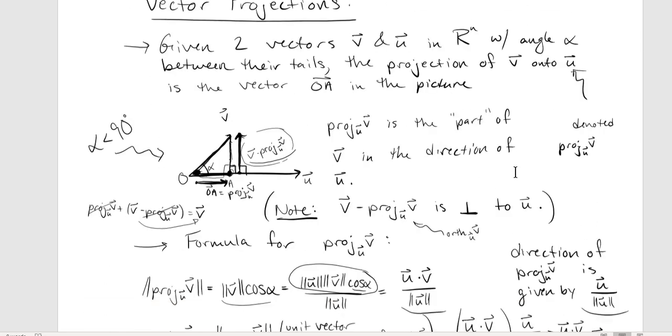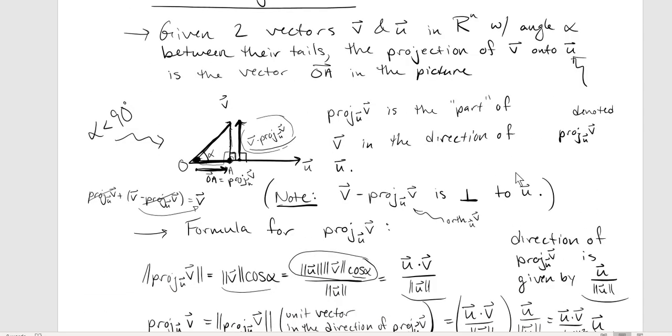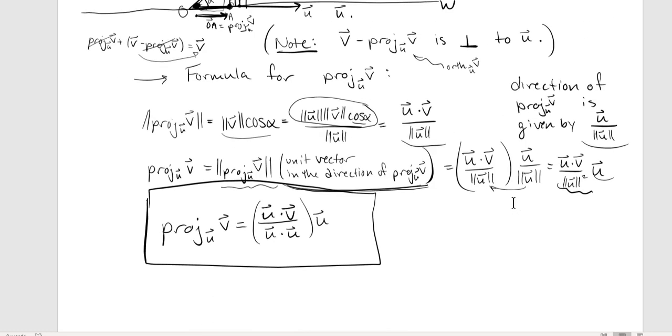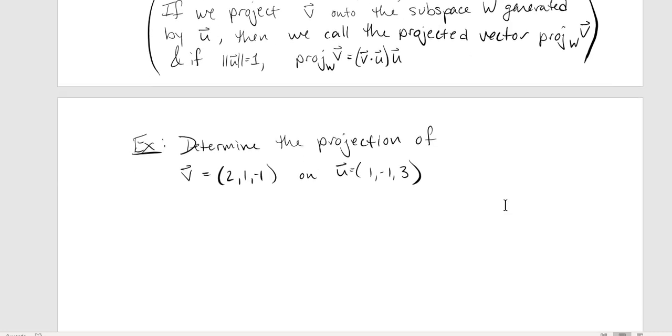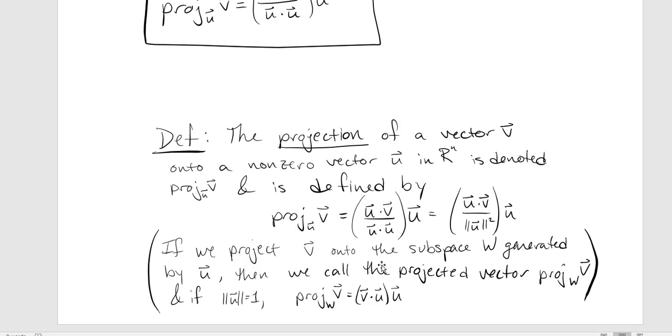Notice if up here I thought not just of u, but of the subspace defined by u. So think of that whole line as being all linear combinations of just this vector u that forms a subspace that looks like a line in Rn. Well, if we project v onto a subspace w generated by u, that line up there, then we call the projected vector projection of v onto w, right? Because we're calling that subspace we're projecting on w.